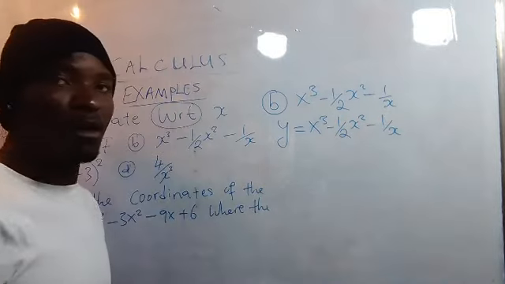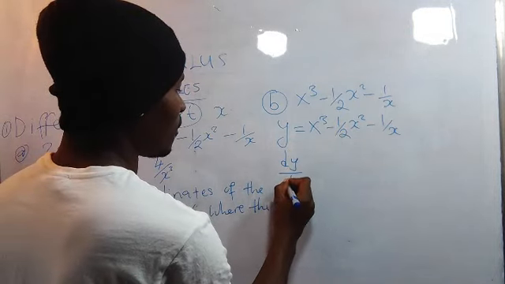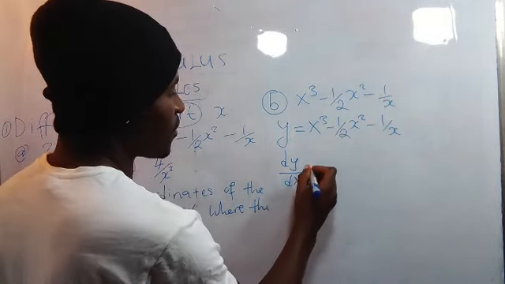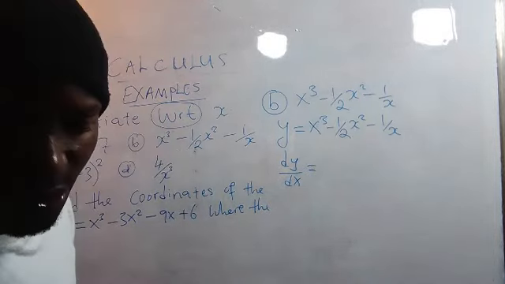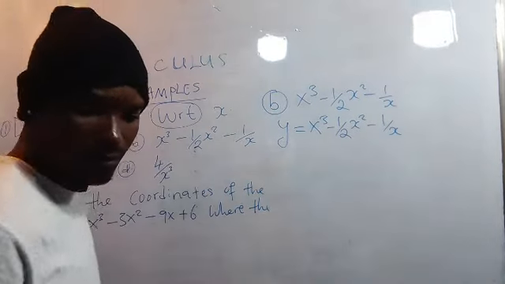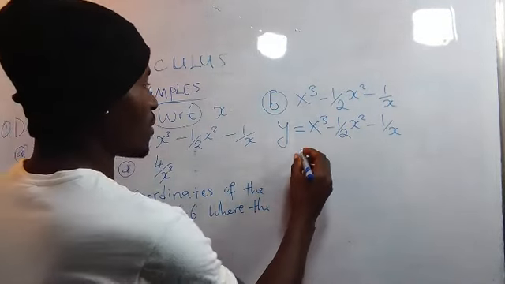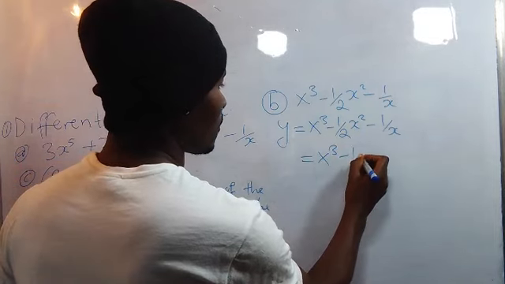Okay. Now, once you do that, you say dy over dx. Now, before I do that, let me just change this one. So this is going to be, I'm going to write this.